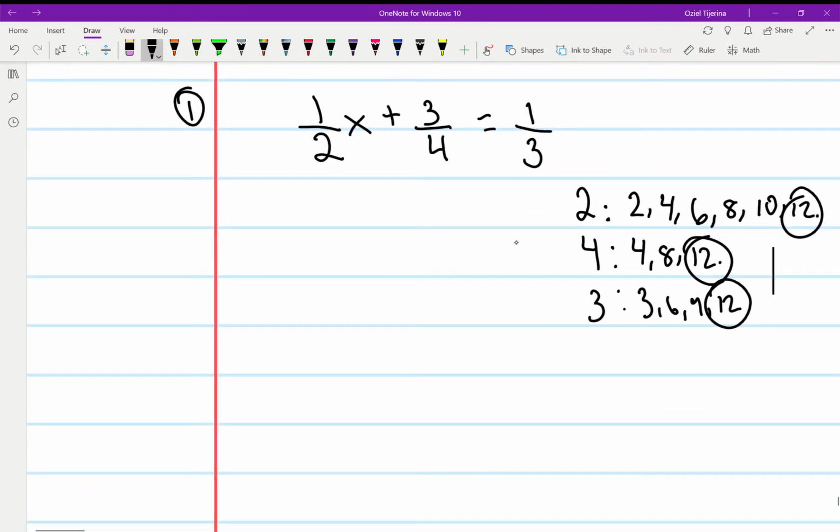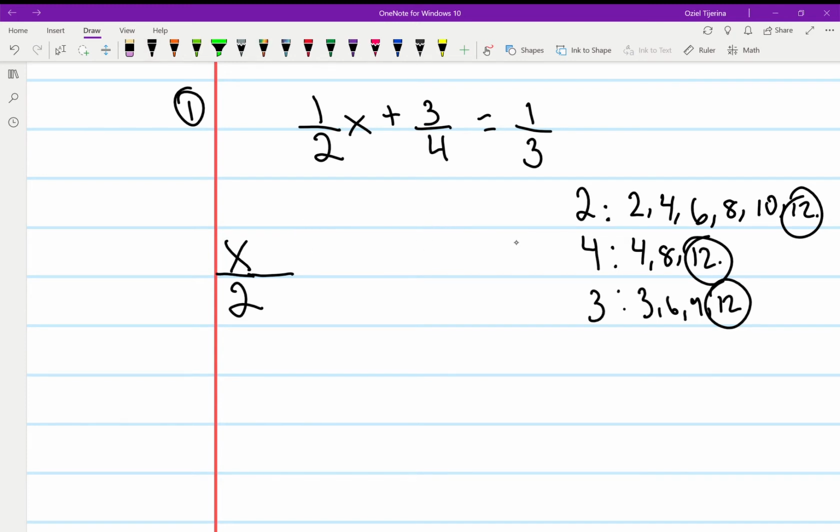So to turn all of them into the common denominator of 12, since it's 1/2 x, that's the same as 1 times x over 2, so this would be x over 2.